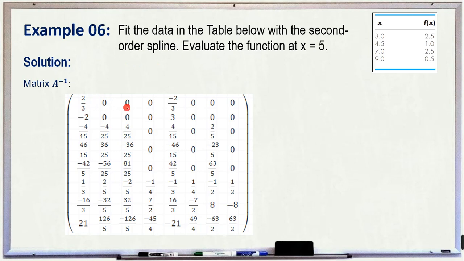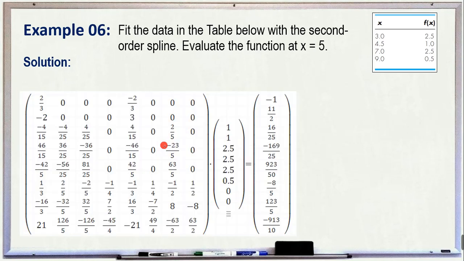We have 1, 2, 3, 4, 5, 6, 7, 8, an 8 by 8 matrix. So you need software or an online matrix calculator for this one. So having the inverse of matrix A, the next step is to use the formula for matrix inversion to solve for X. You have X is equal to the product of the inverse of A times the column matrix B.